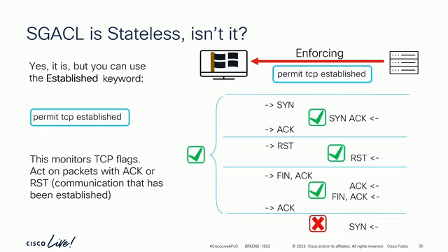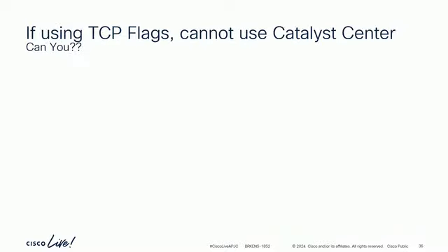There are other functions using other flags as well, so maybe you can look that up in the documentation. But if you're using TCP flags, you might think, well, I can't use Catalyst Center then, because that's a modeled configuration. You choose your applications in Catalyst Center rather than adding keywords like established or adding port numbers.